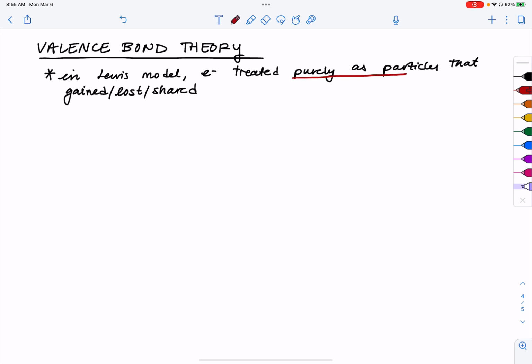And we know that this treatment of electrons as purely particles is not quite correct. So this is not the whole story.